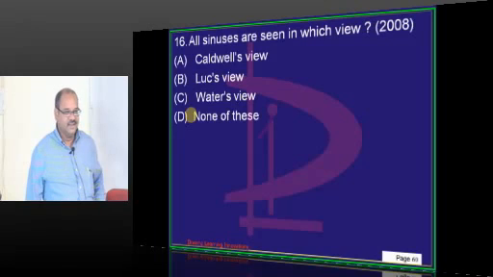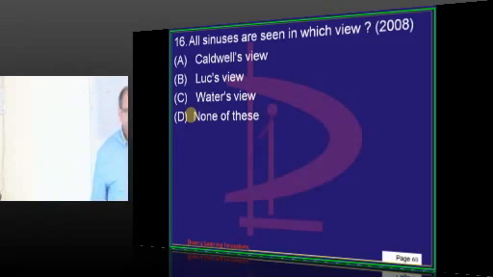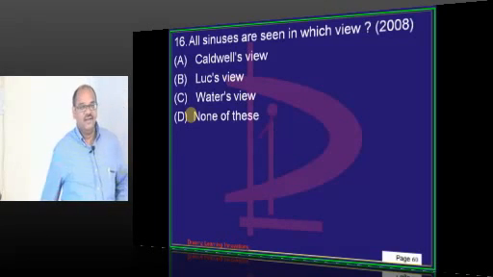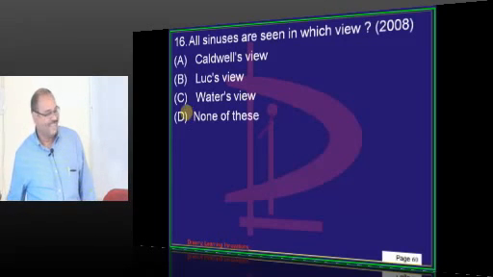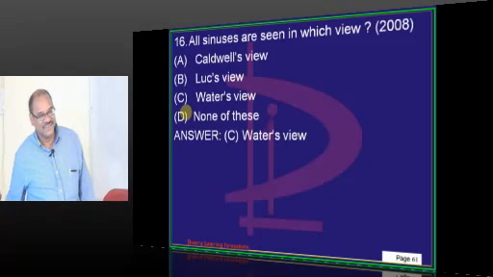Then it's okay. Then which is the most common paranasal sinus X-ray taken in any general hospital? Waters view. Answer would be Waters view.